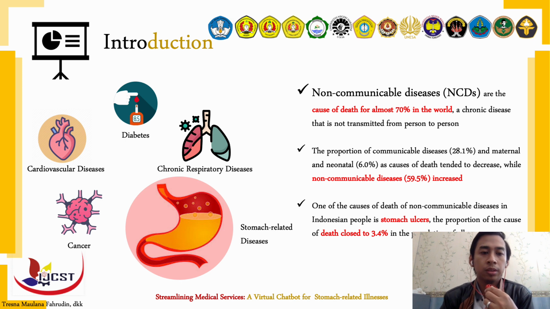In the introduction, we will explain several diseases, like diabetes, chronic respiratory disease, stomach-related disease, cancer, and cardiovascular disease. Non-communicable diseases are the cause of death for almost 70% of deaths in the world, and a chronic disease is not transmitted from person to person.